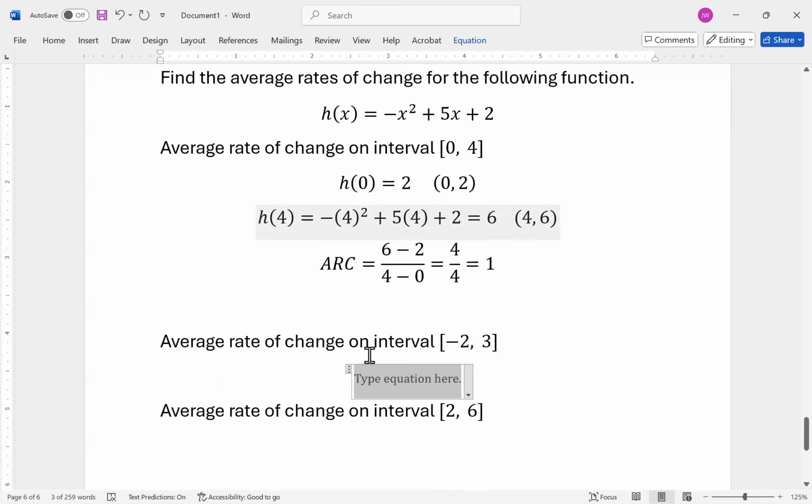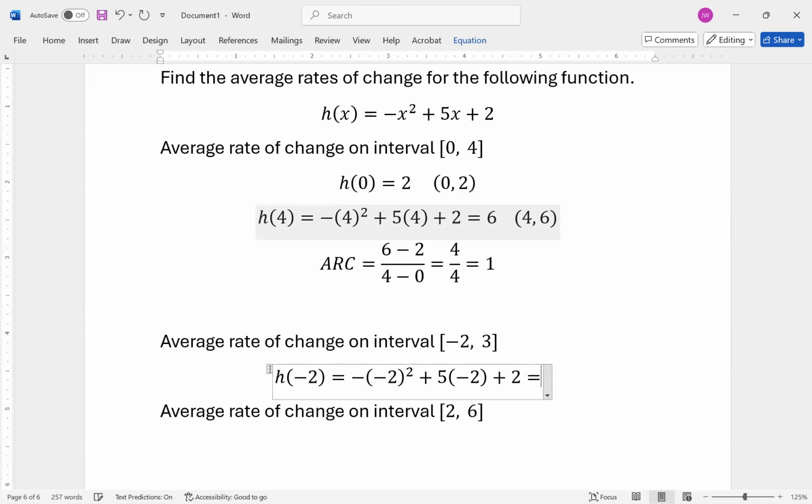In the second example, for the average rate of change for this function, we're going to be using a negative 2 as my first input. I have to do negative of negative 2 squared plus 5 times negative 2 plus 2.